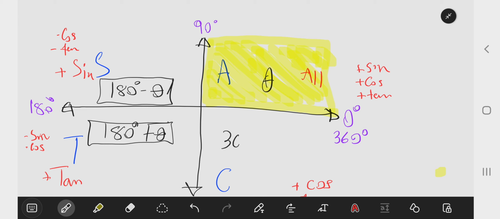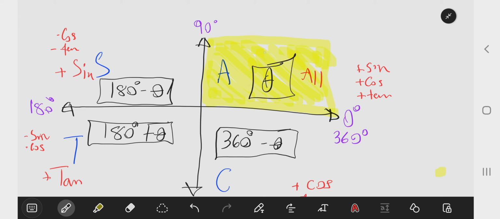And then in the fourth quadrant, we use 360 degrees minus theta, right? And in the first quadrant, it's just theta, and that is what we want. So now you have to identify your angle first, okay?